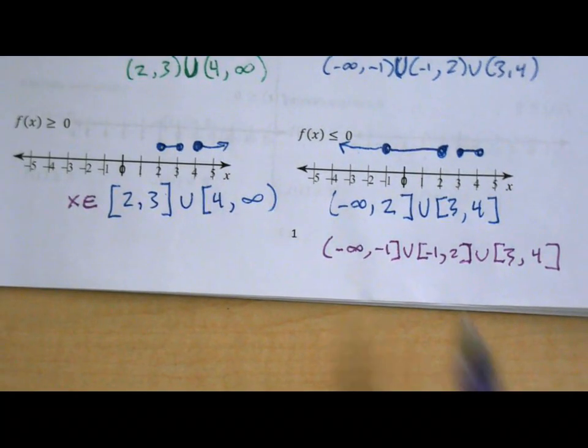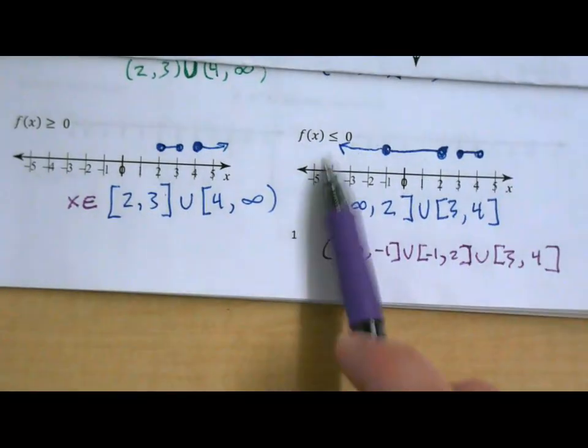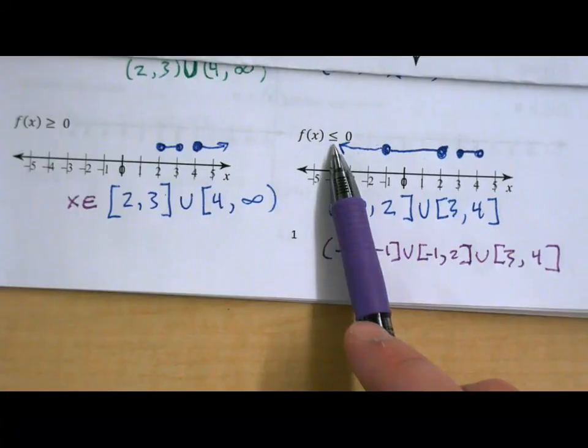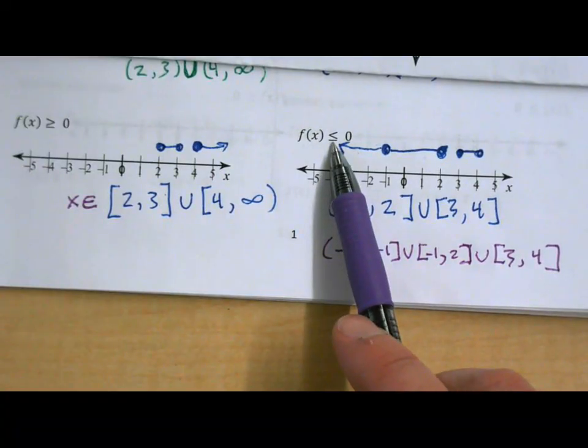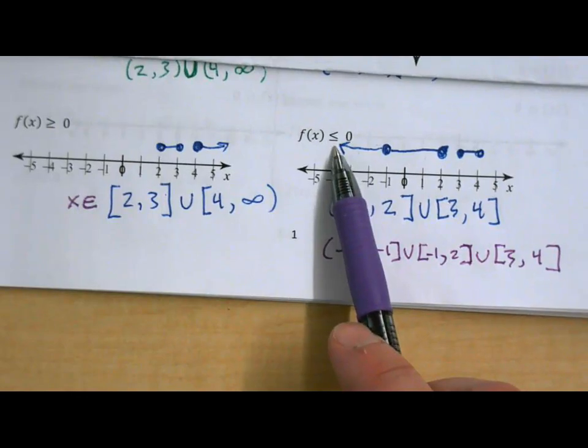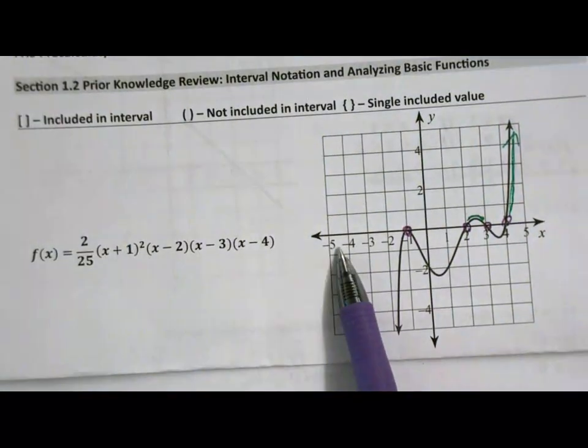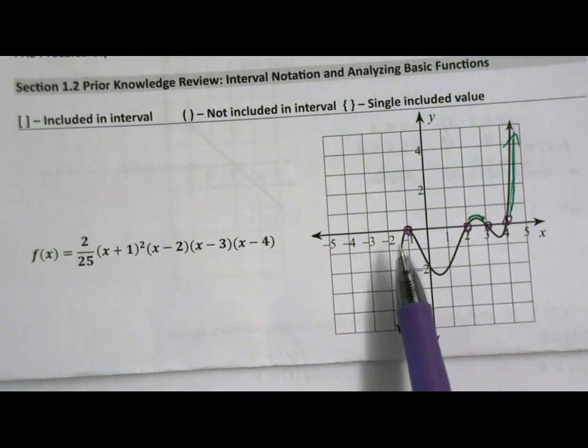Because if you look at the graph, this is saying find all the x values where the y is either on the x-axis or below the x-axis. And if I look at this graph, from over here all the way straight through to 2, it's either below the x-axis or on the x-axis. There is no place in between negative infinity and 2 where it stops being either on the x-axis or below the x-axis. So it's all one continuous block of, yes, this does satisfy that. So it should be a single interval.